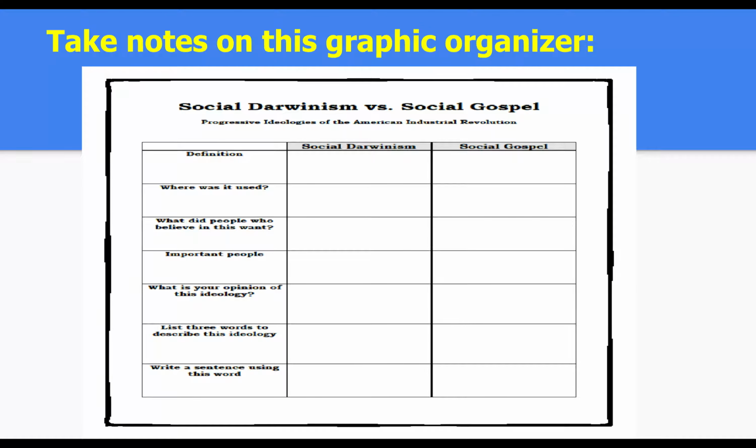What is your opinion of this ideology? I want to know your personal opinion after everything we've learned. And I want you to list 3 words to describe this ideology and write a sentence using social Darwinism. And for all of those questions, you're going to do the same thing for social gospel in the right-hand column. So just make sure that you're taking notes and using this graphic organizer as you go through the lesson.